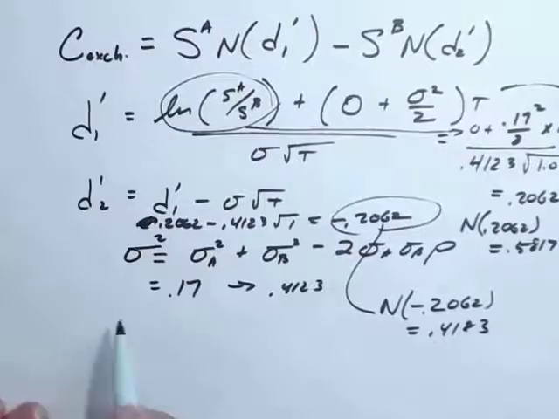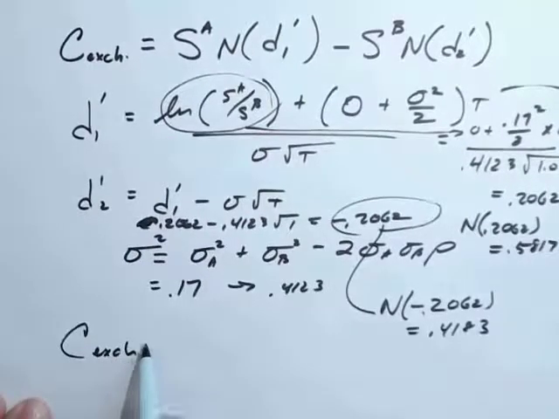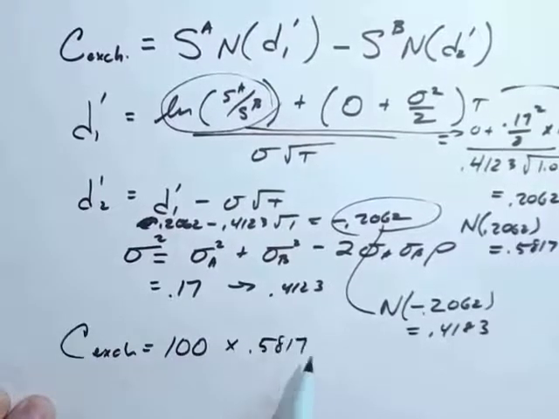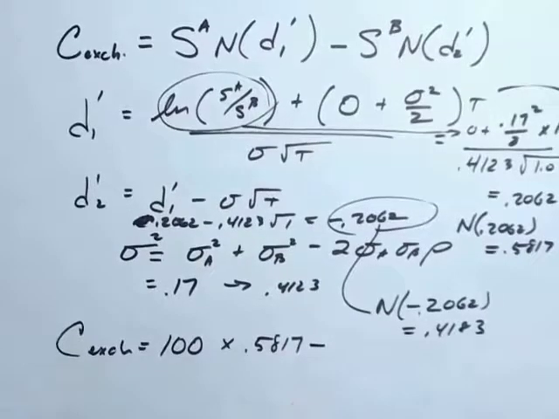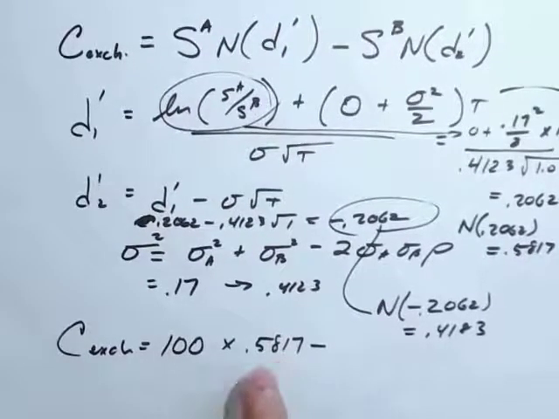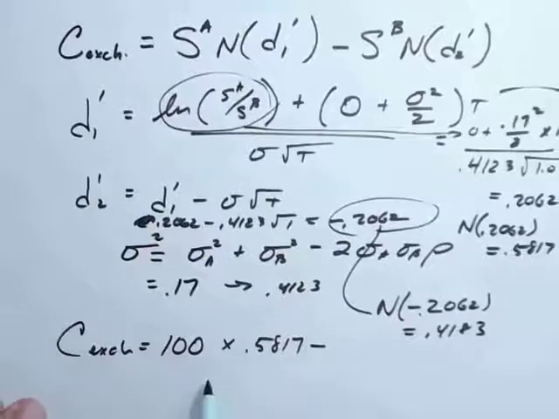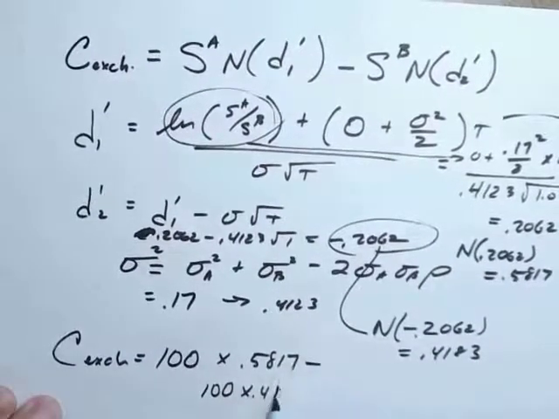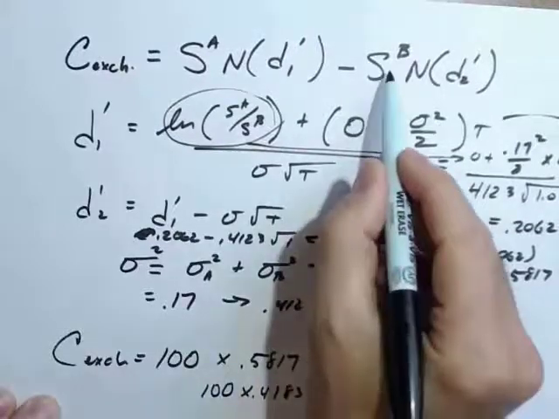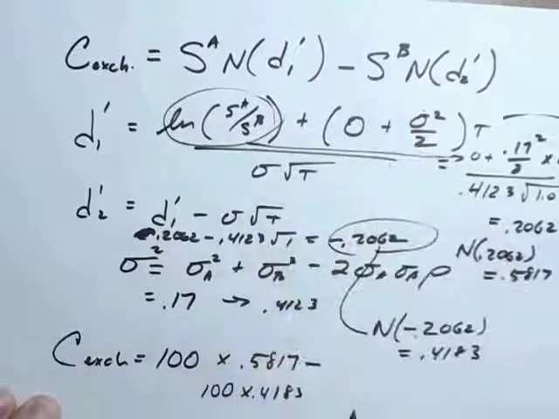Okay, so now we can value the call exchange, and that is the current stock price of A times the 0.5817, minus, so that's basically what you expect to receive minus what you expect to give up, which is the stock price of 100 times 0.4183. No discounting here, so there's no E. Remember, there's no E component there.